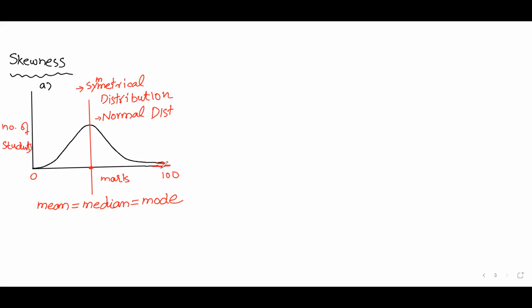You will see that most of the students get marks around 50, because it is symmetrical, so it will be somewhere here. Most of the students lie in this range, and maybe only a few students get 100 marks, and maybe a few students get the F grade.